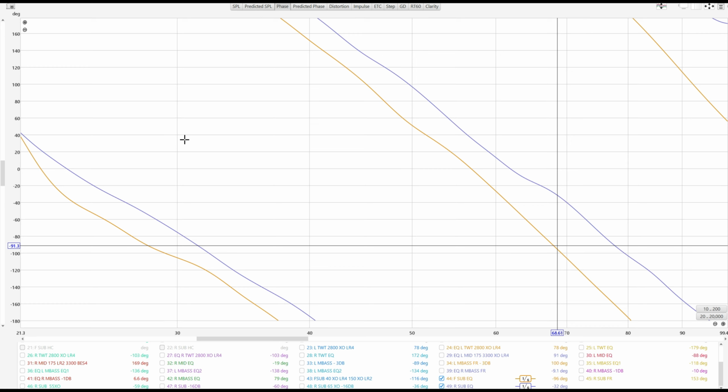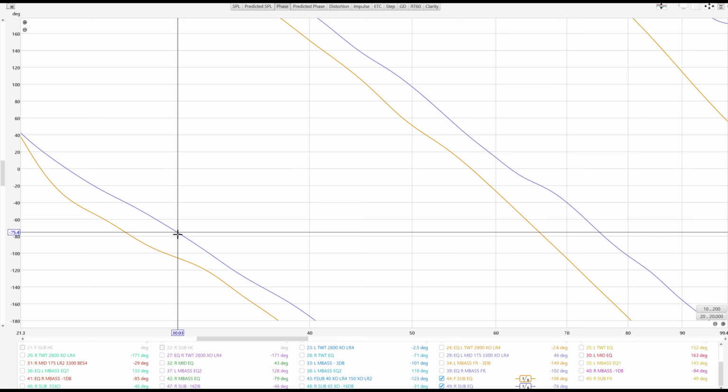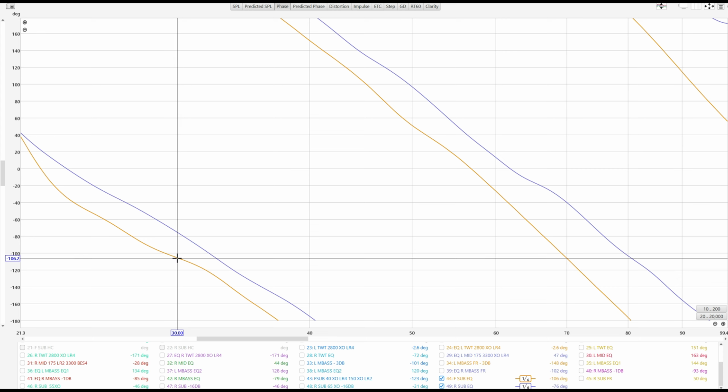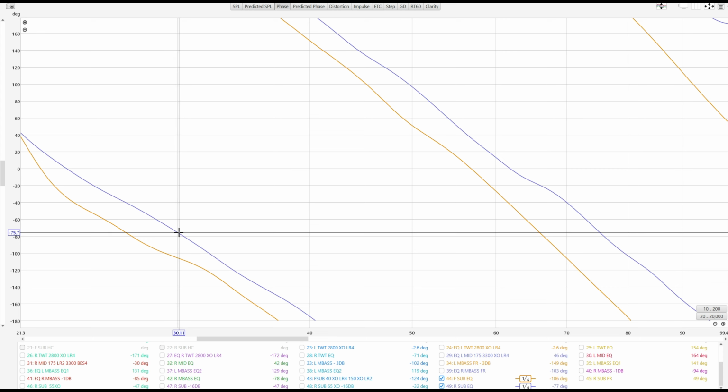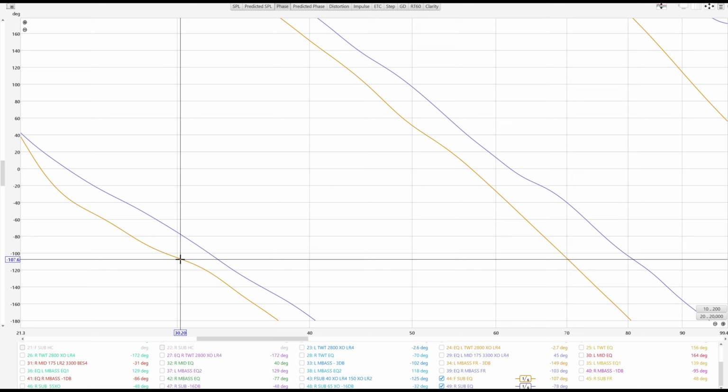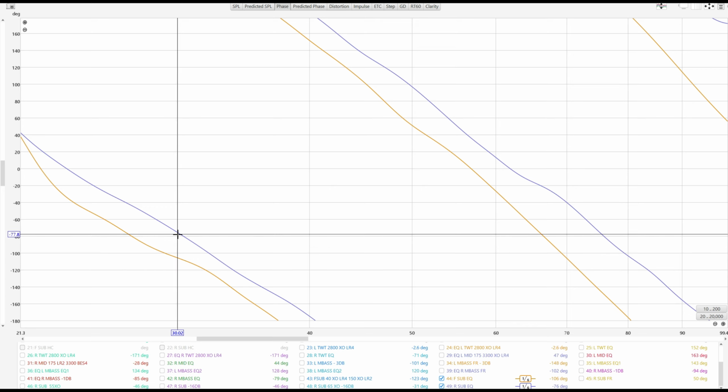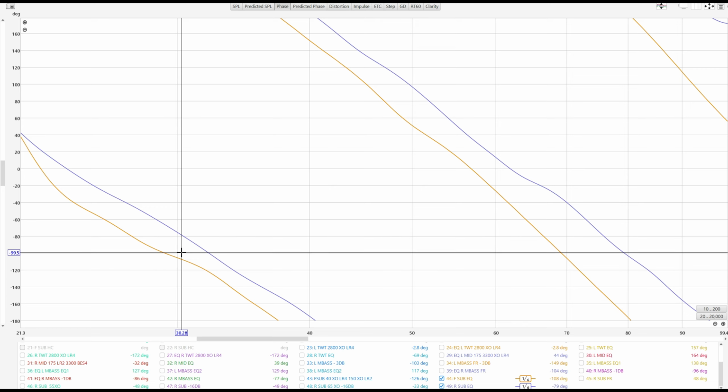So what we're interested in is not necessarily the absolute number on the phase graph, it's the degrees of phase relative to these two speakers, right? So minus 77 versus minus 107, so that's 30 degrees out of phase.